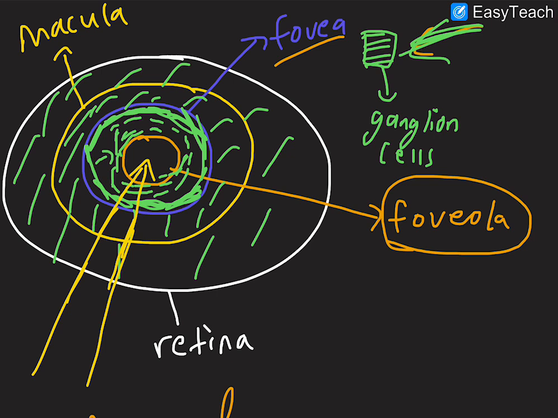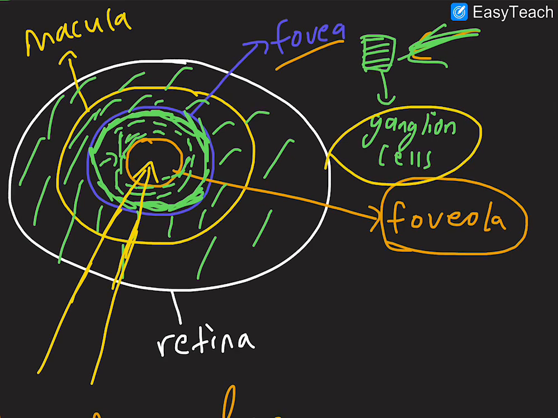So what happens is, in Tay-Sachs disease, remember we said there's a buildup of GM2 ganglioside lipid, right? That buildup occurs in lysosomes. Specifically, we see that buildup of GM2 ganglioside in the lysosomes of the retinal ganglion cells, okay? But remember what we said, there's no retinal ganglion cells in the foveola, the center of the fovea.